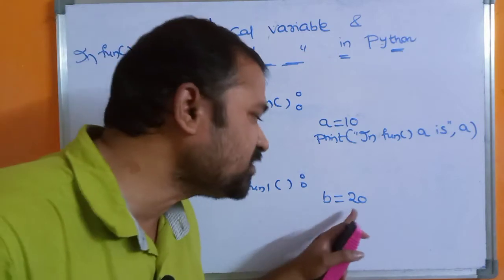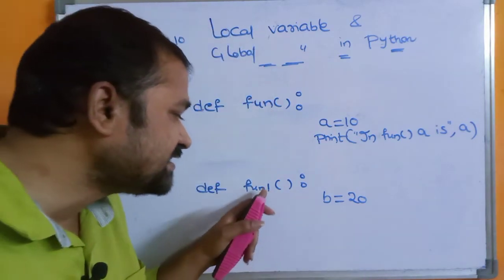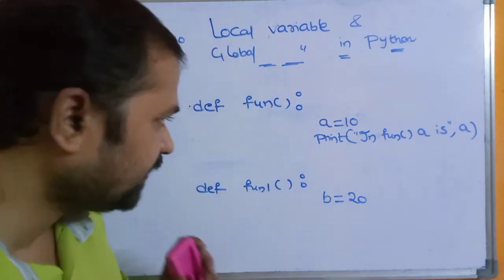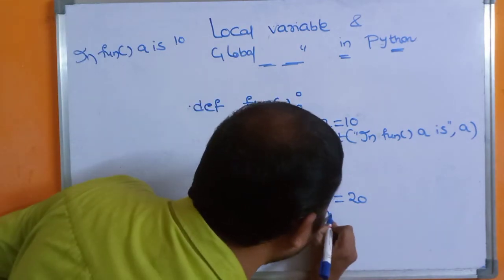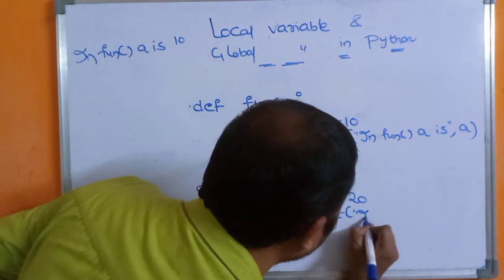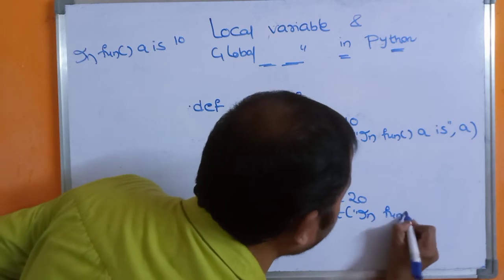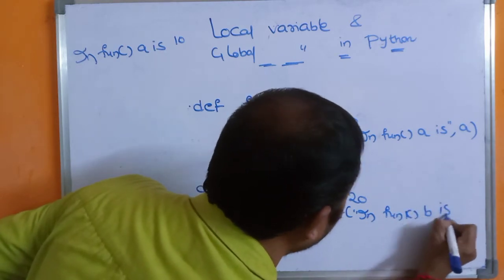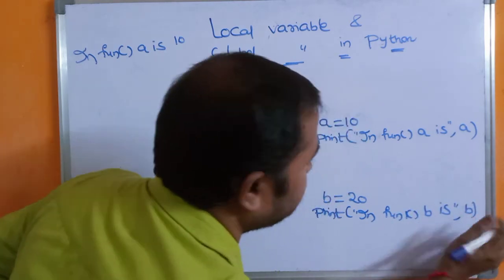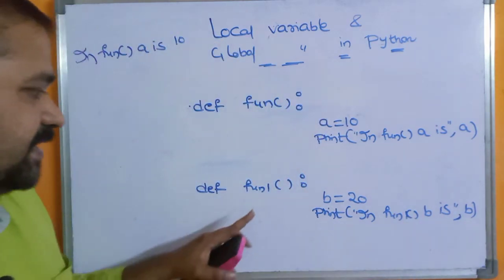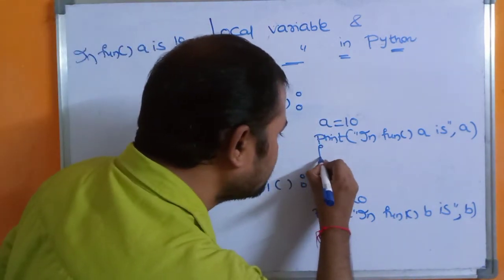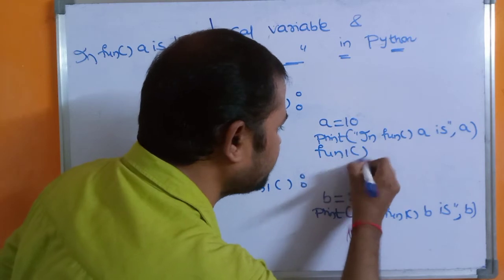So we can make use of this b only inside this function fun1. Okay. Let us print b now. So print "in function1 b is", so what is the b value? So just we need to print b. Okay. Next we need to call this fun1. So call fun1.